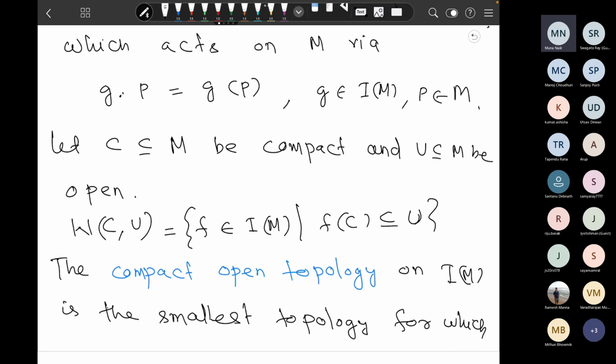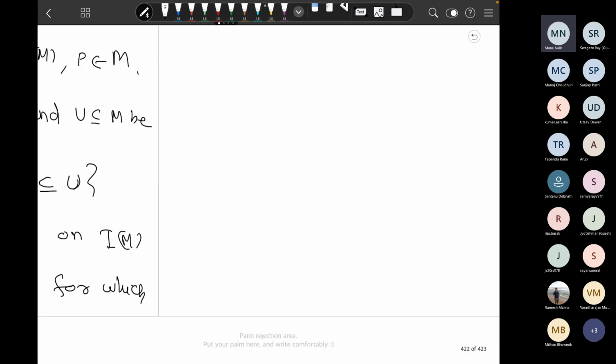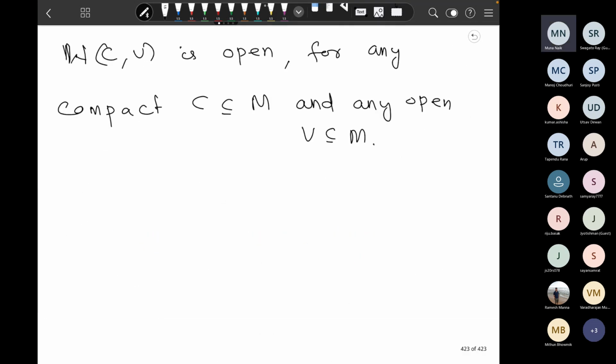W(C,U) is the set of functions from M to M such that F(C) is a subset of U.